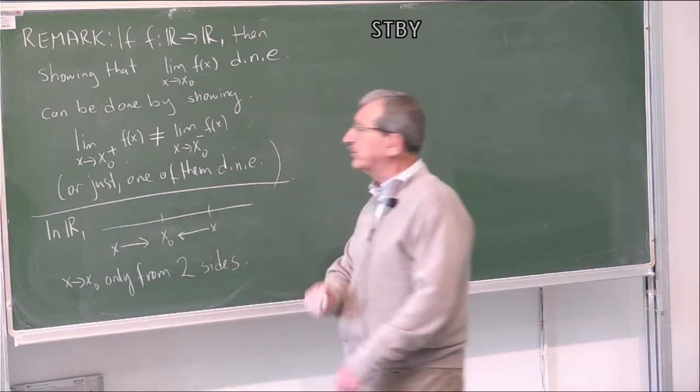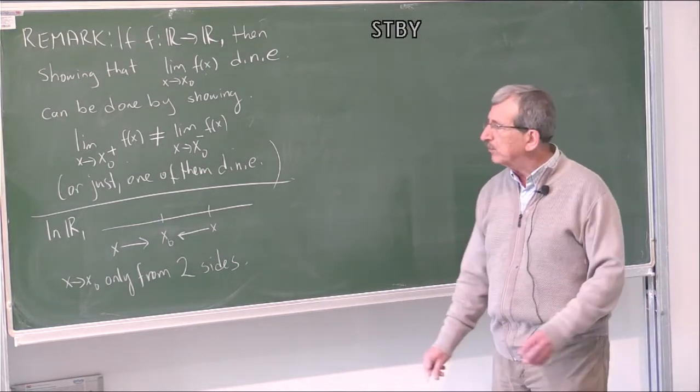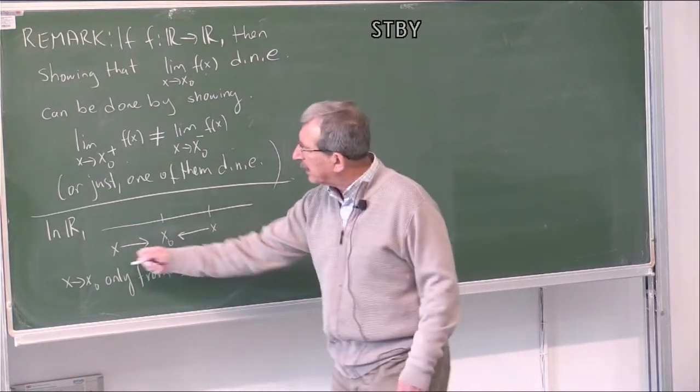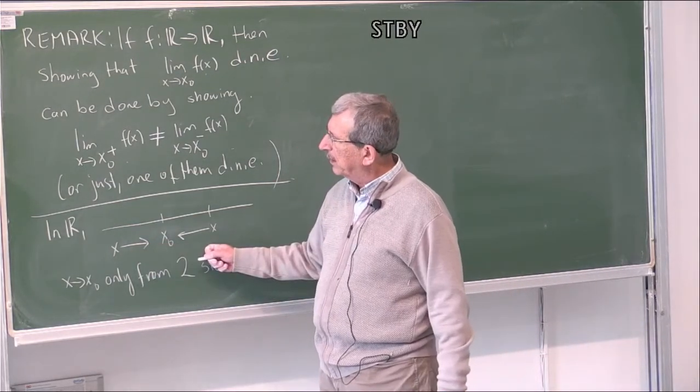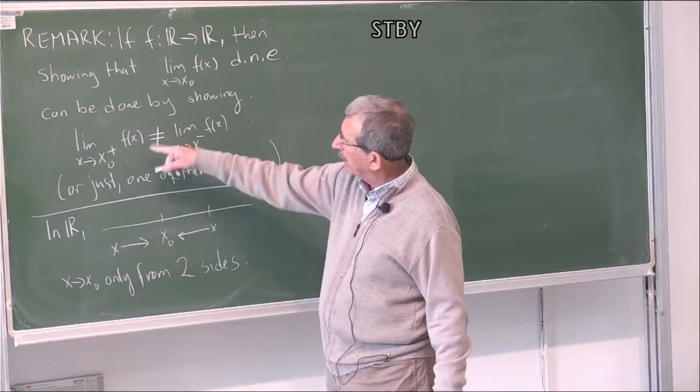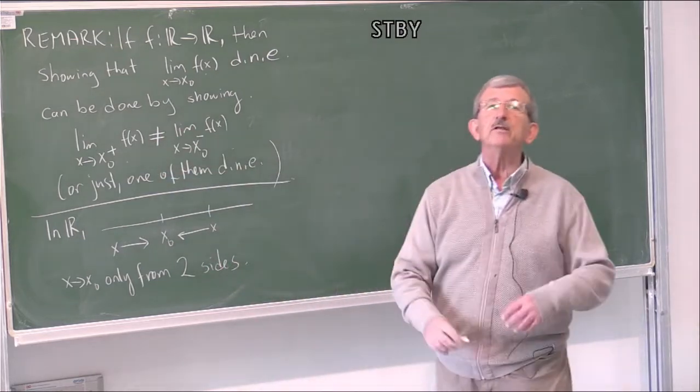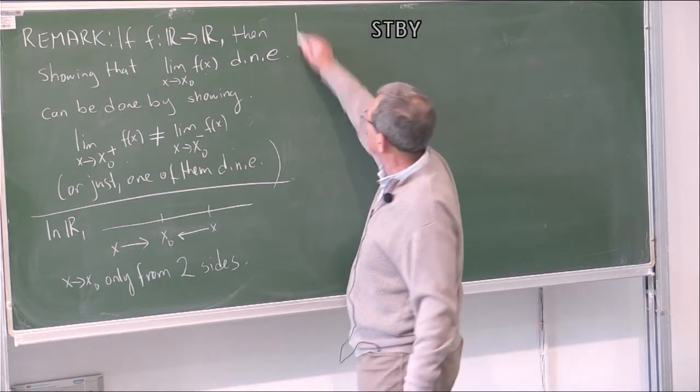There is no third side. So if you guarantee both cases, as we did here, if they are equal, fine, you have a limit, otherwise you don't have a limit.